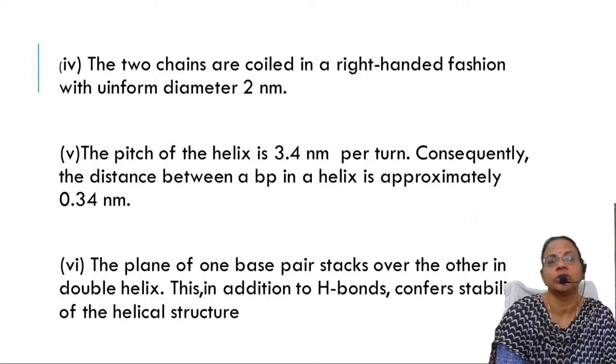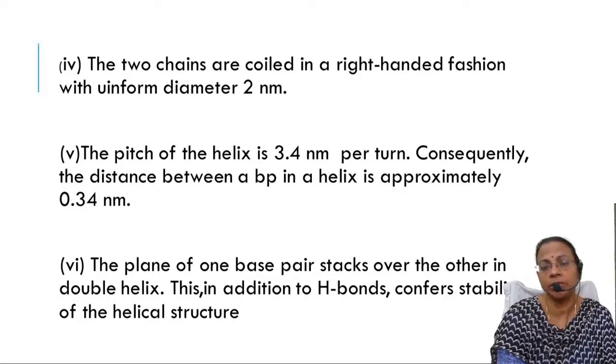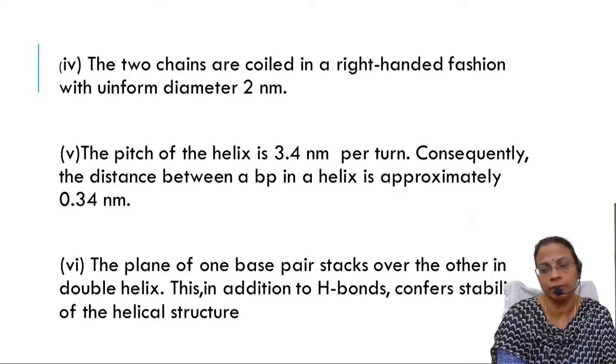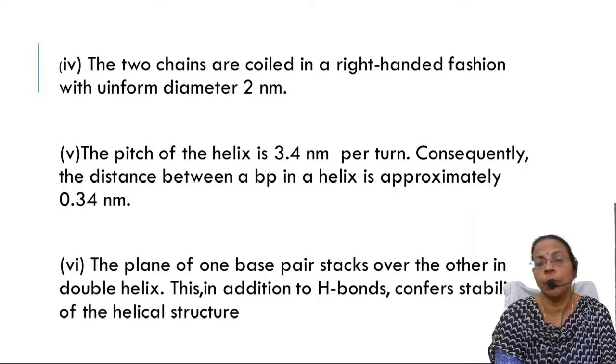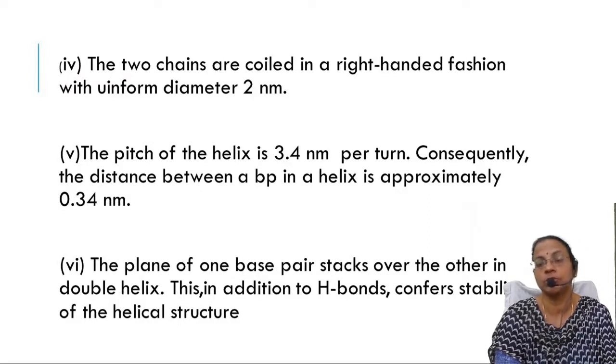Then the next point: the 2 chains are coiled in a right-handed manner. Since the base pairing is between purine and pyrimidine, purine is 2 cycle and pyrimidine is only single cycle, so the diameter of the DNA molecule always remains constant, that is 2 nm.